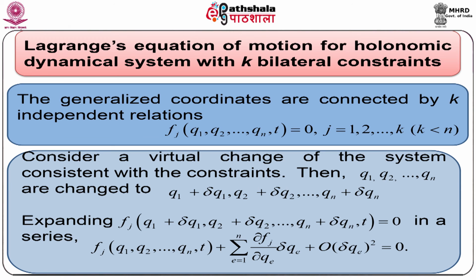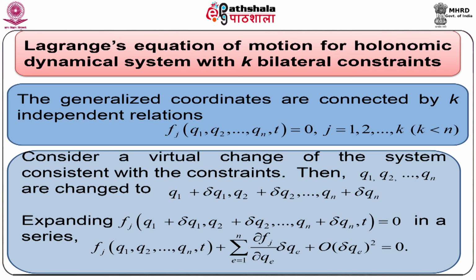It means that delta q equal to dq when dt equal to 0, that is, time remains fixed. Expanding fj, which is a function of q1 plus delta q1, q2 plus delta q2 up to qn plus delta qn and time t equal to 0, in a series we get this equation.